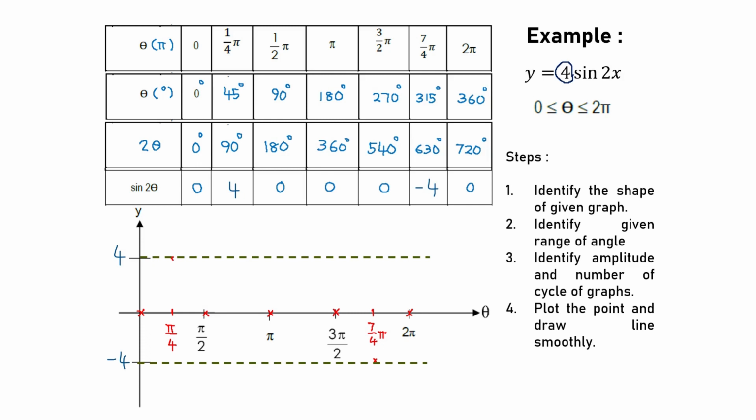Okay, the number of cycles of the graph is, the shape of the sine graph will repeat 2 times. And the last one, we plot all points and draw the lines smoothly. Okay, so we complete drawing your graph of y equal 4 sin 2x.